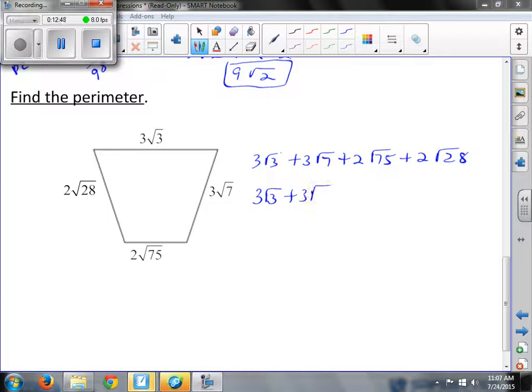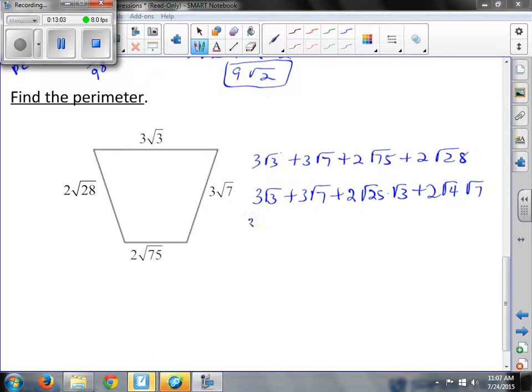3 square roots of 7, square root of 75, let's see, would be the square root of 25 times the square root of 3. And the square root of 28 would be the square root of 4 times the square root of 7.